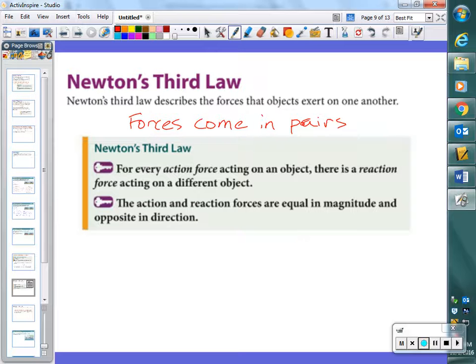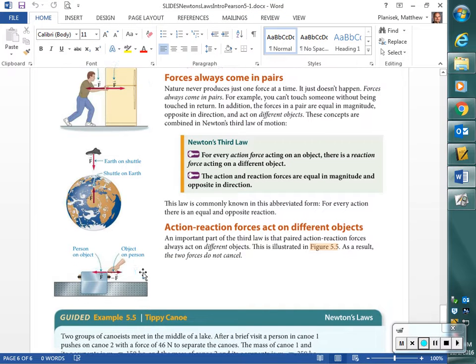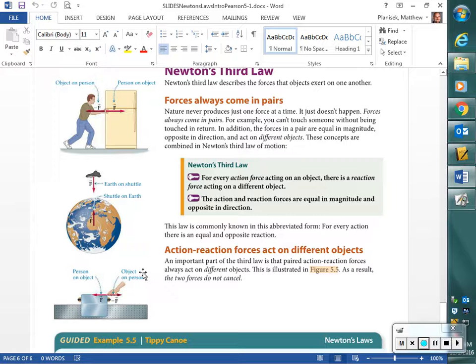And if you look over at the side of your sheets, there's a couple of pictures there. Okay? Here there's a guy pushing on the refrigerator. Now, if the guy pushes on the refrigerator, Newton's third law says the refrigerator pushes back on him. Okay?